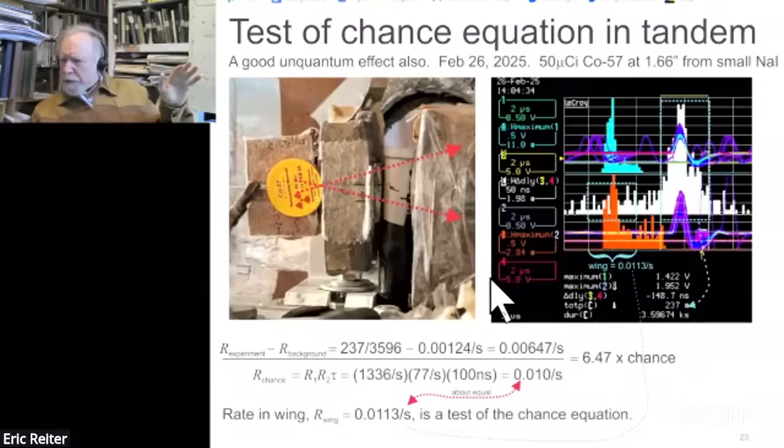So now we're getting to see a real experiment close up. The radioisotope with the lead collimator and the narrow detector.